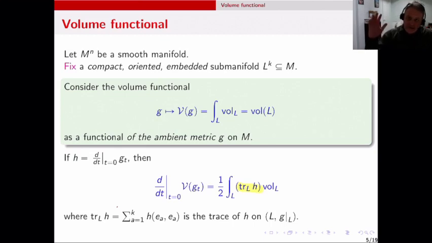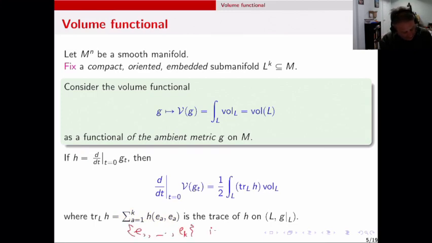So h is a symmetric 2-tensor on M. We can pull it back by the inclusion to get a symmetric 2-tensor on L, and we have an induced metric on L, and we can compute the trace of that. That means exactly this: the sum from a equals 1 to k of h(e_a, e_a), where e_1 up to e_k is an orthonormal basis.